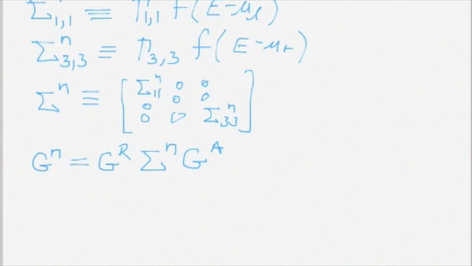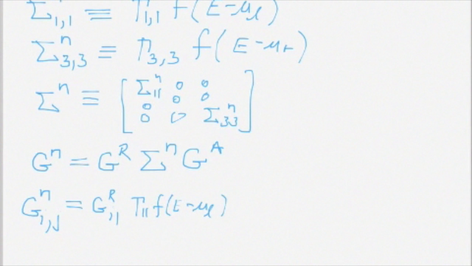I get exactly what I had in that integrand, or in general, I get Gn Ij is equal to GR I1 gamma 1, 1 F of E minus mu left GA 1J.